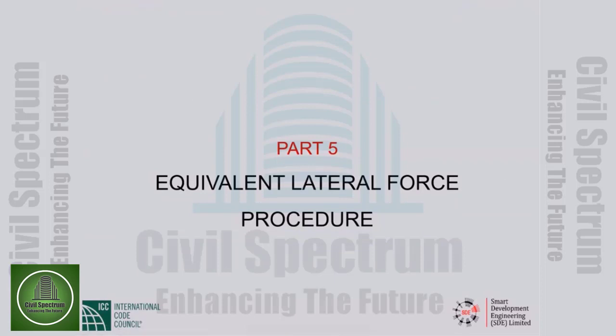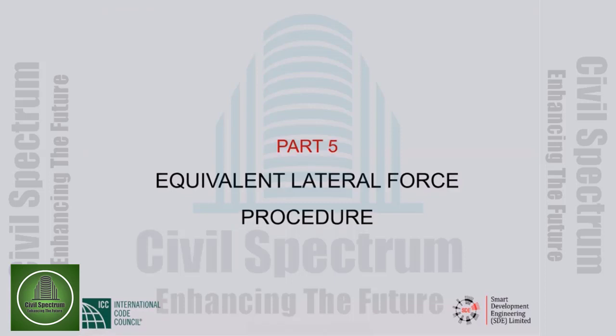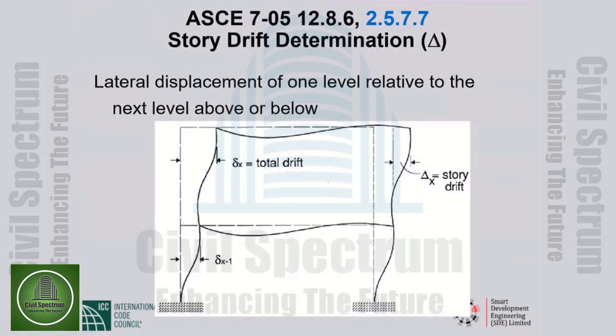So we were towards the end of our discussion of the equivalent lateral force procedure of BNBC 2020. The equivalent lateral force procedure is in section 2.5.7, which is in part 6, chapter 2 of the code.